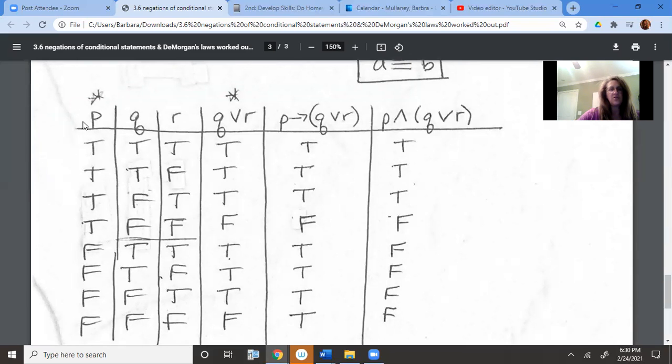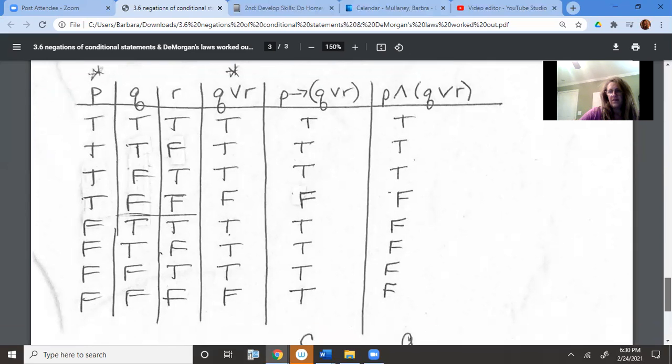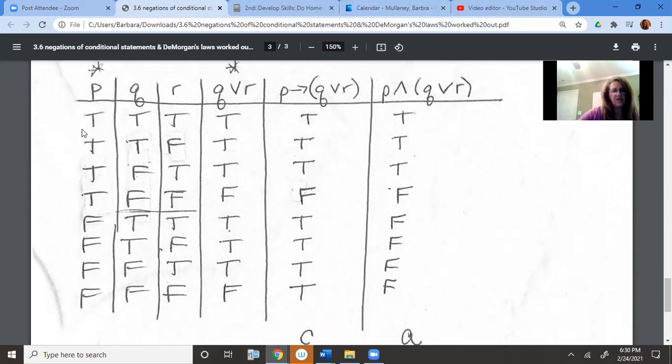So 2 raised to the third power is 2 times 2 times 2, which is 8. So we have 8 different cases. And these are all the cases where they're all true, or all false, or a combination of any of them. Once you fill this out, we're going to find Q or R.